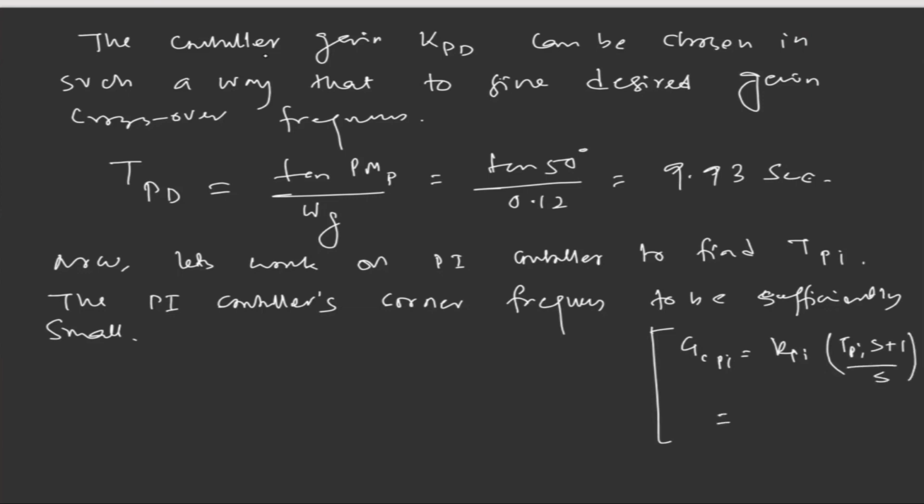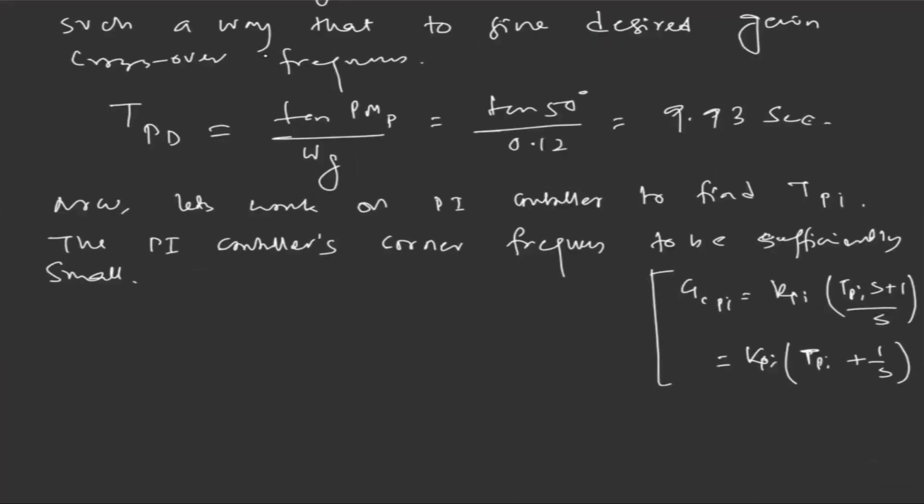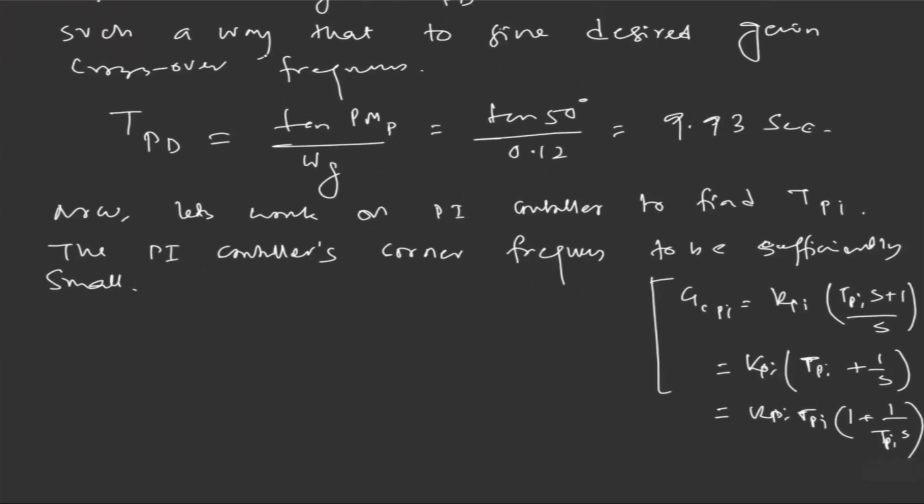Or we can write this expression by dividing out both the proportional and integral parts: K_PI equals T_PI plus 1 upon S. To find the time constant of the PI, we can take K_PI T_PI common, giving 1 plus 1 upon T_PI into S. So 1 by T_PI is actually the time constant, the corner frequency of the system.